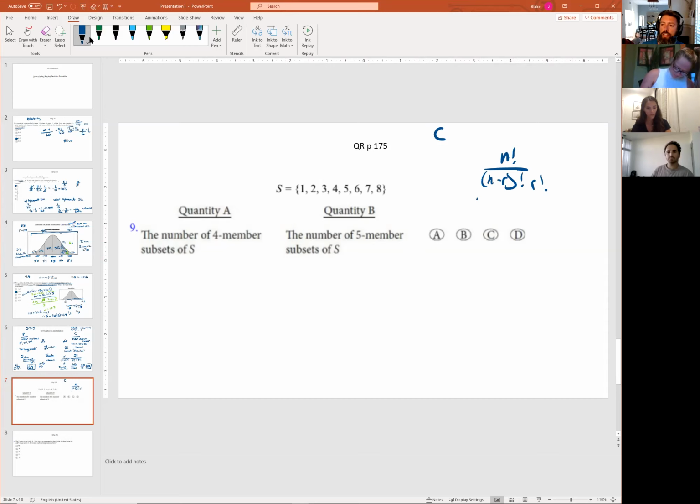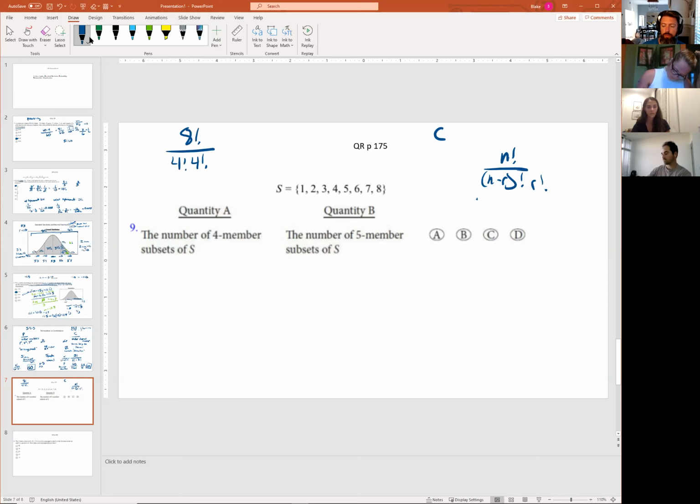And r is the size of the group and n is the size of the set, right? So we've got 8 factorial over, and for this one, 4 factorial times 4 factorial, right?